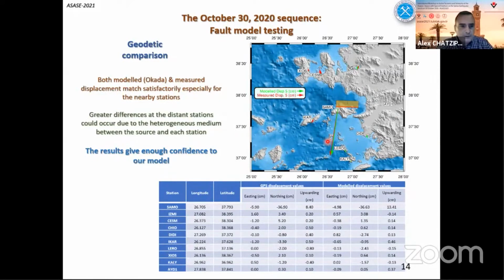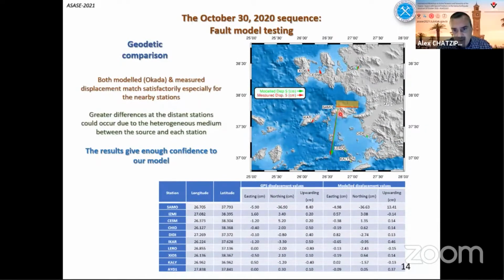We used the Okada model, as previous authors did as well. Of course, it has its limitations, because the Okada model assumes an elastic half-space and uniform slip, which we cannot be certain of.